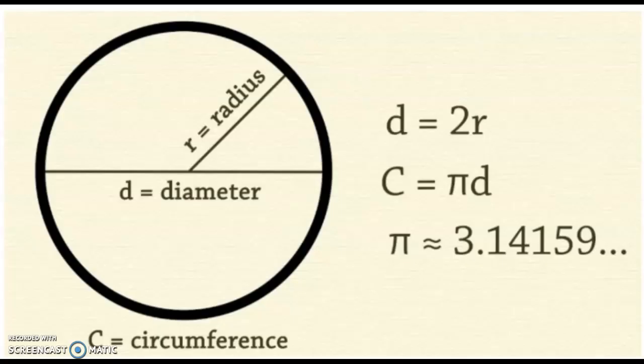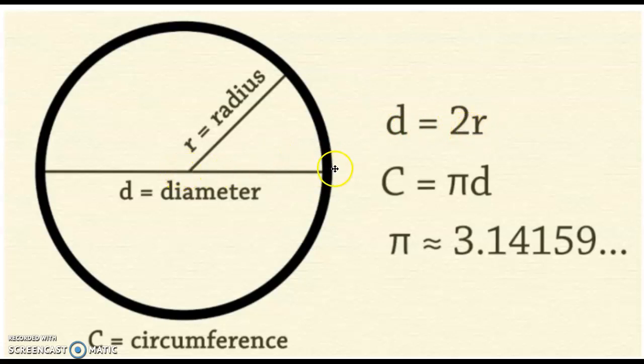Some of the sample problems that we're going to be working through will have the radius given to us, but other times we might see a line that goes through the center of the circle all the way across. That is called a diameter. If we know the diameter and not the radius, we're going to use the formula slightly differently. Diameter is equal to 2 times the radius.